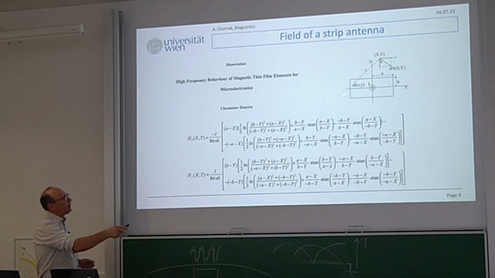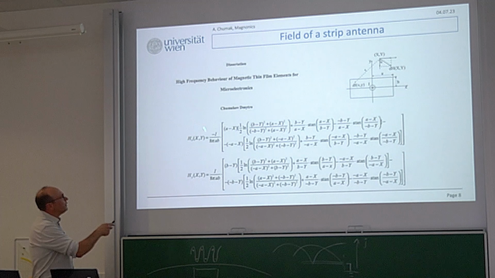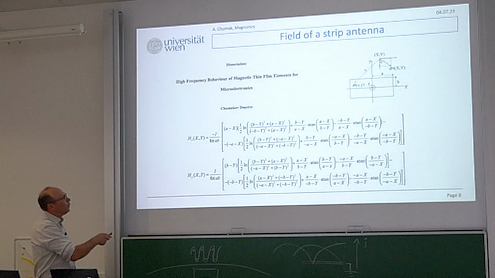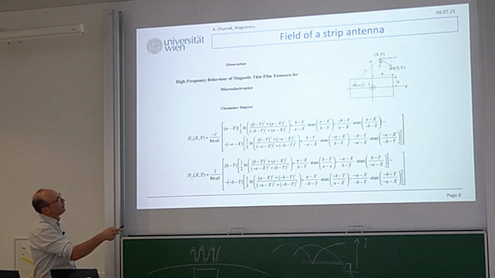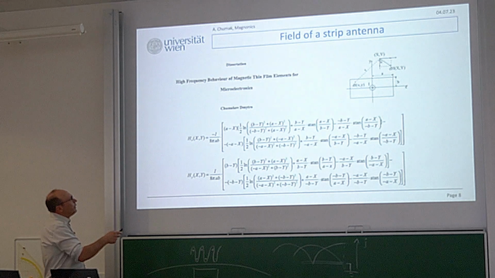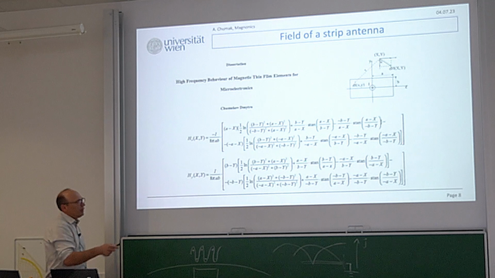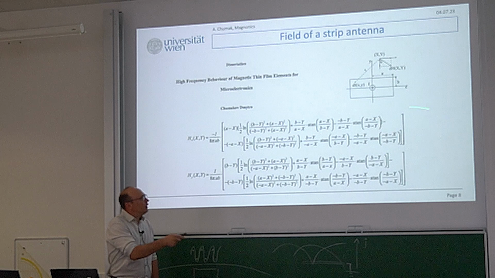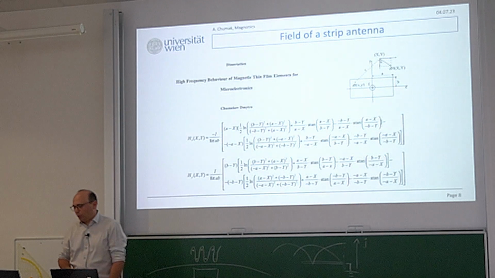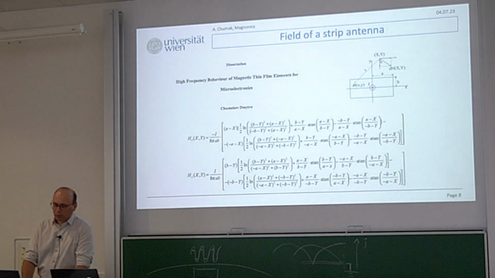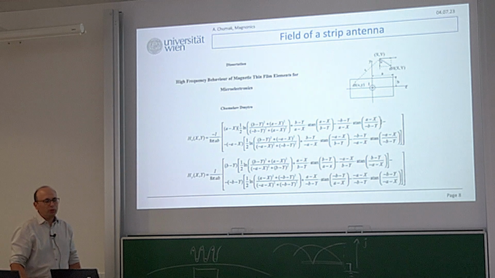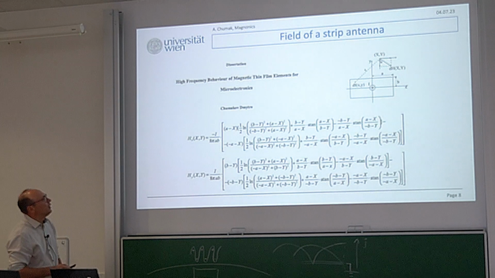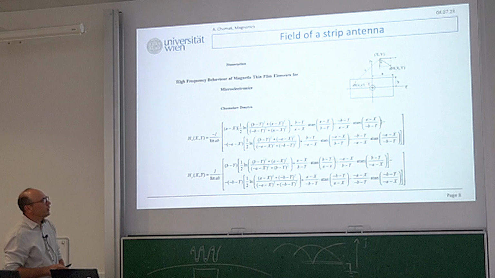So you will have some field created by the antenna, X component, Y component, like shown here, so X, Y. And principally you can find an analytical formula; in this thesis you can find it, this formula is given. If you want more precise calculations, then probably some tool like COMSOL Multiphysics would be a good example.